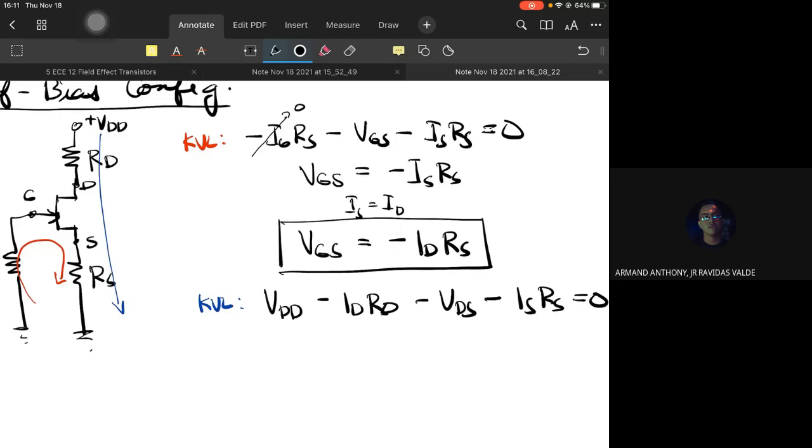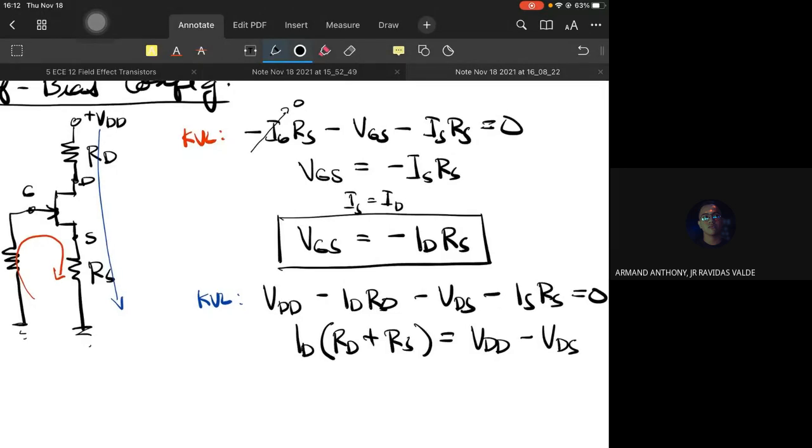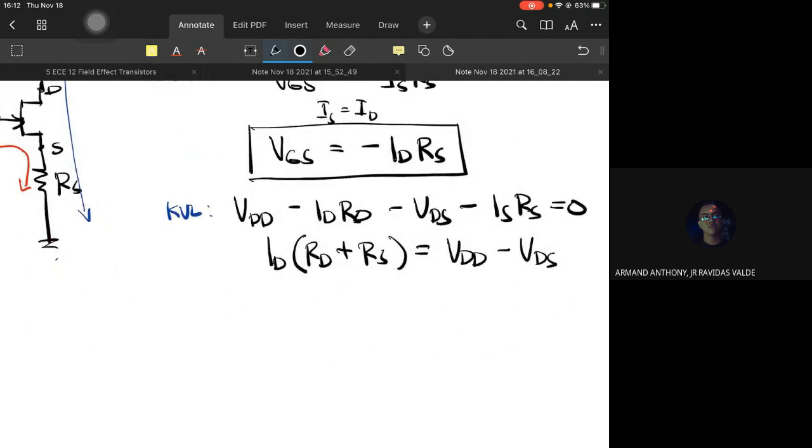Again, since IS is equal to ID, we can combine ID and RS, ID and IS. ID times RD plus RS is equal to VDD minus VDS. Right?